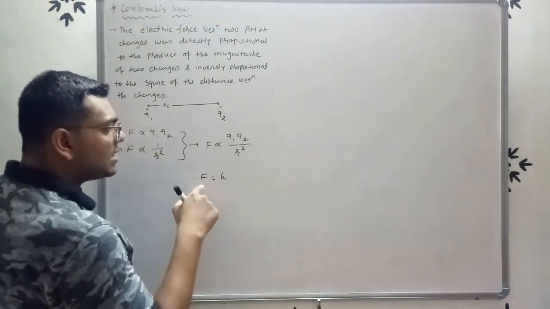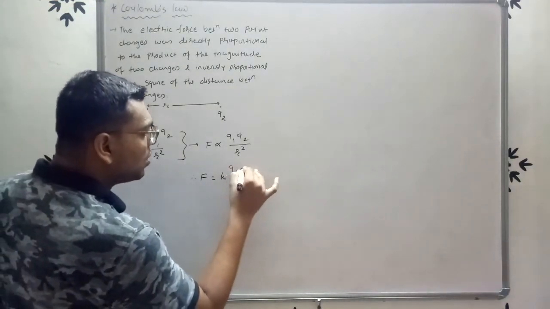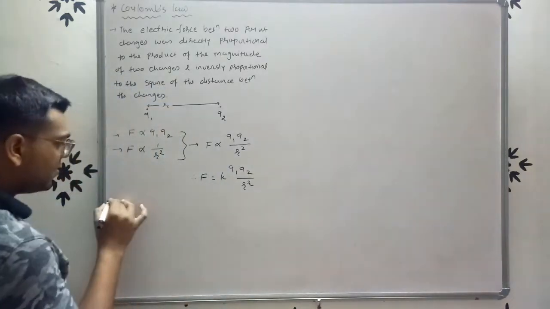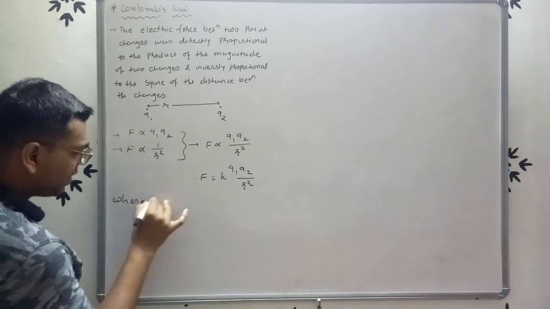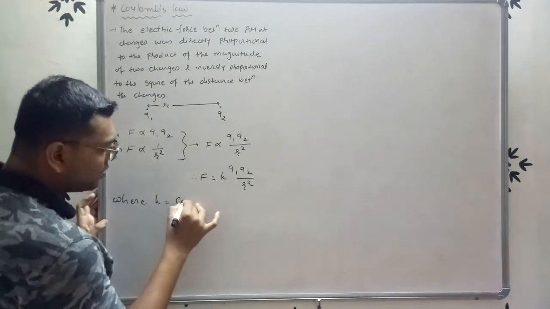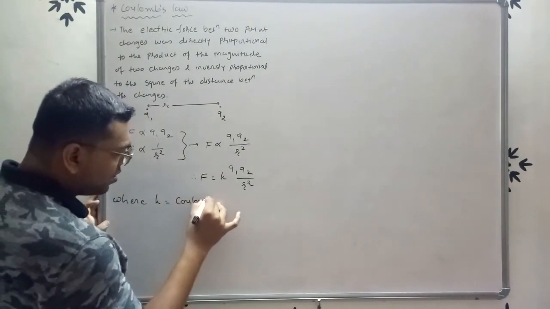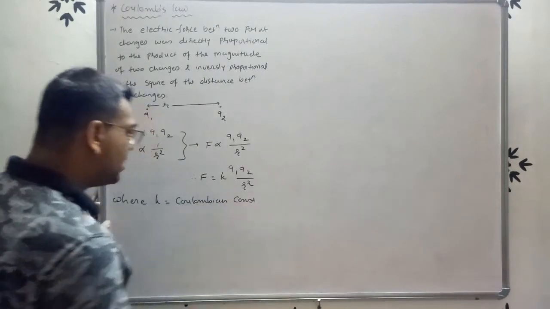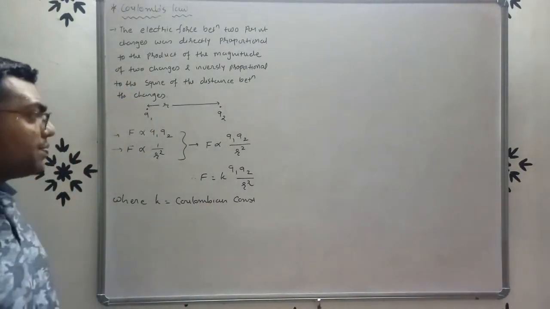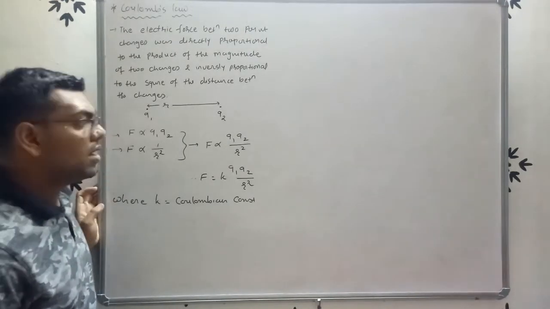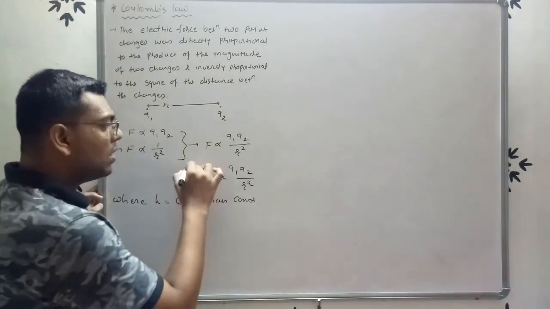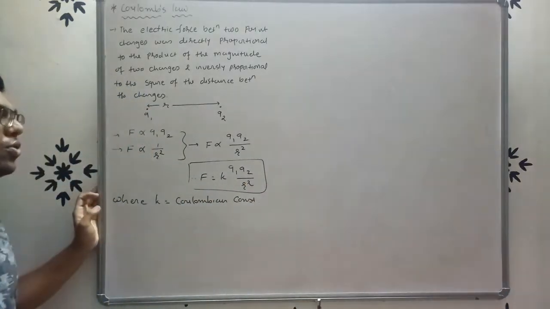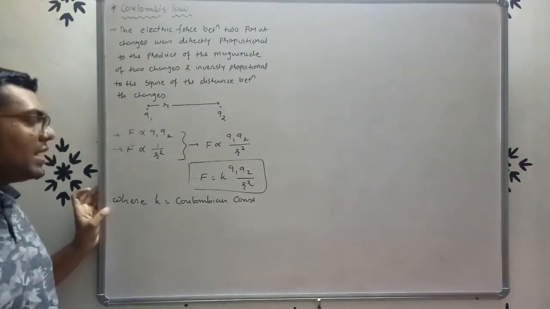So the equation is F is equal to k Q1 Q2 upon R square, where k is the Coulombian constant. So the equation of Coulomb's law is F equals k Q1 Q2 upon R square, where k is known as the Coulombian constant.